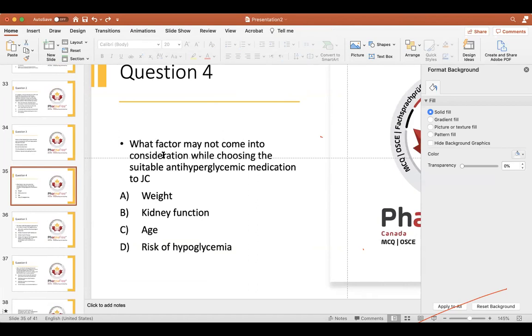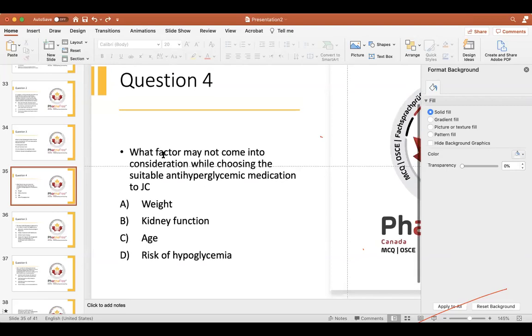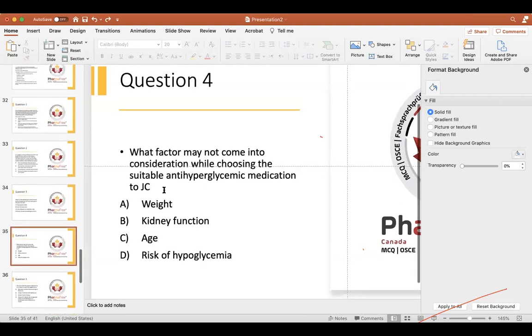Question number 4. What factor may not come into consideration while choosing the suitable anti-hyperglycemic medication?